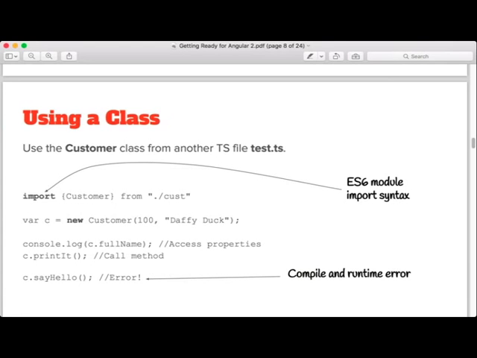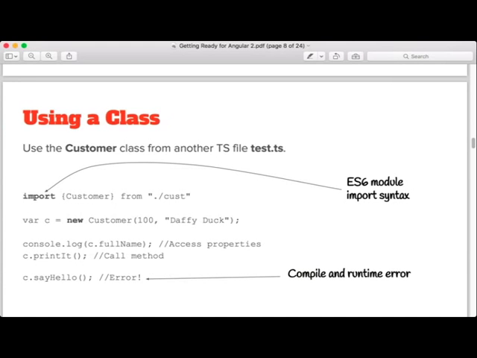Once we bring the name customer into the namespace, we can create an object of that class. We call var c equals new customer, and here we are calling the constructor. All of this will be type checked by the compiler if you have any kind of a type mismatch. For example, for the second argument, instead of supplying a string, if you supply a number, you're going to see a compiler error right away.